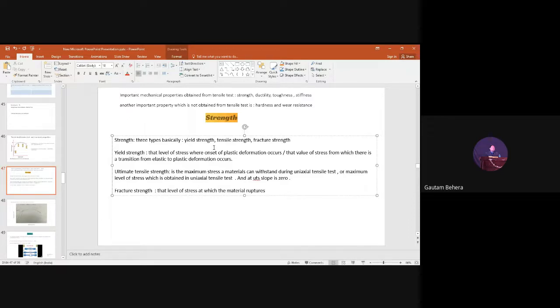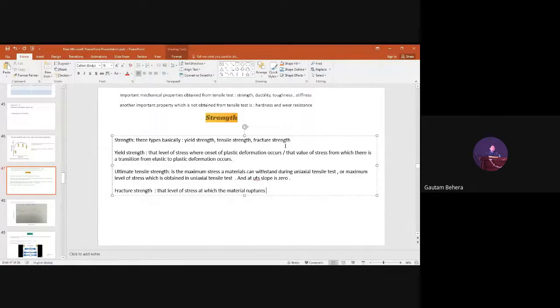Which strength is more important during designing of a material, before putting the material into application? Which strength do the engineers basically look upon? Sir, UTS. UTS. Okay. Any other? Anybody want to speak something?